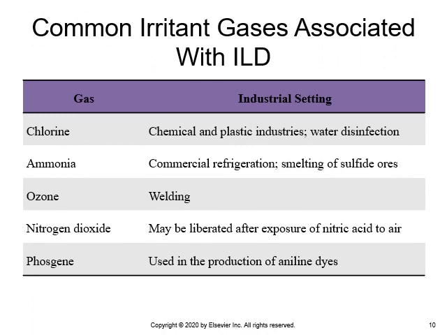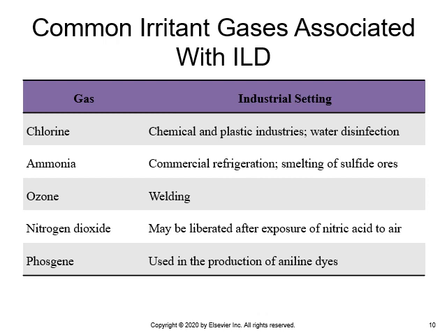Irritant gases. The inhalation of irritant gases may cause acute chemical pneumonitis and, in severe cases, interstitial lung disease. Most exposures occur in the industrial setting. For example, common irritant gases associated with interstitial lung disease include chlorine, found in chemical and plastic industries or water disinfection.